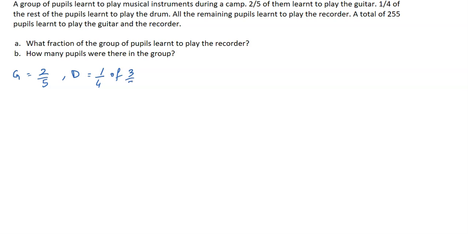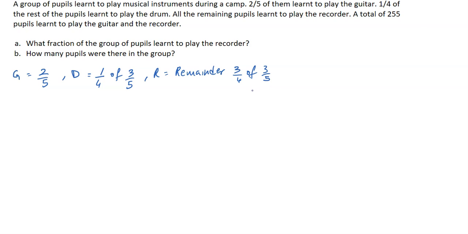So 1 whole of 3/5. And then we know that our students who play the recorder are just the remainder. Those of you who are very astute will recognize that that would be 3/4 of 3/5. So that is one way of solving it with all the fractions.